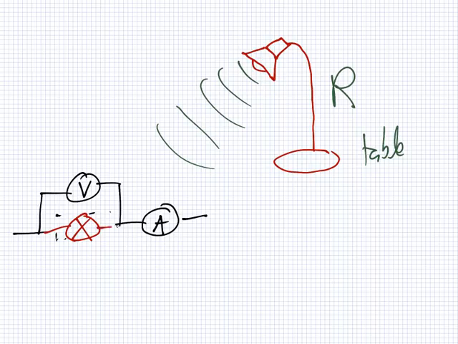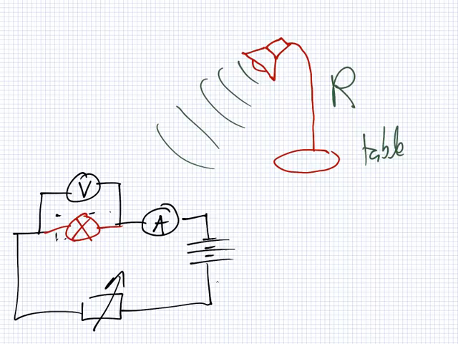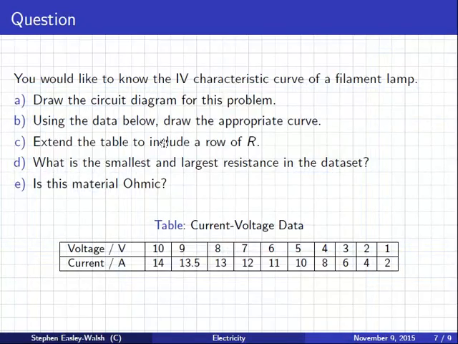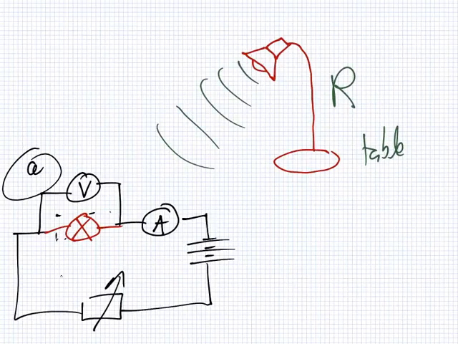So, like this. And then here, this lets us change the voltage, and then here is our power. So this is part A. So it's the same except it's a light here. Part B is draw the curve. Okay, so first I'll just actually draw this.